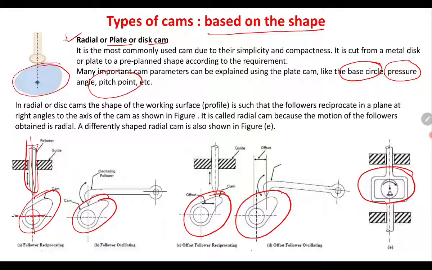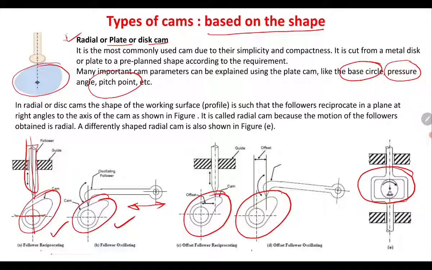This is showing the figure of radial cam, and here you will see the follower is reciprocating. But in case of this figure, you will see this follower will not reciprocate, it has an oscillating motion.